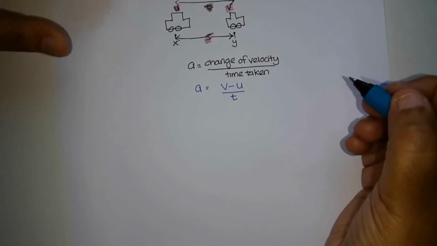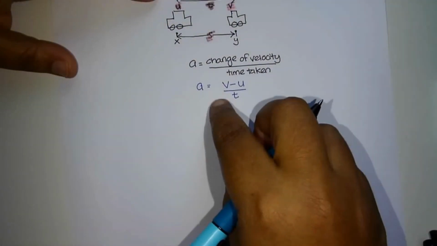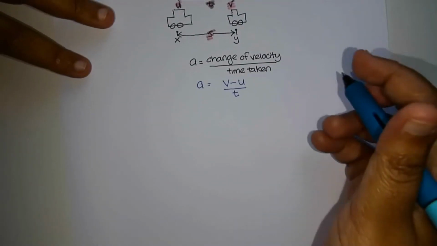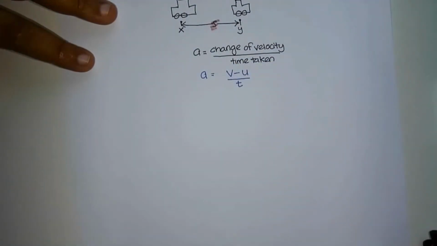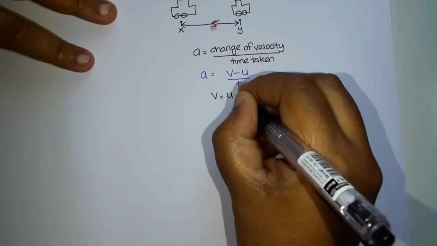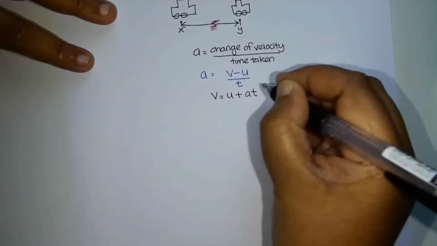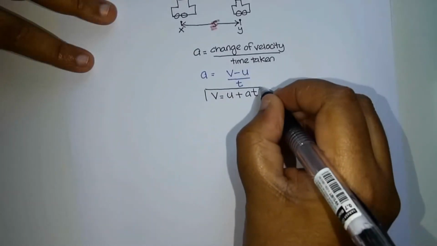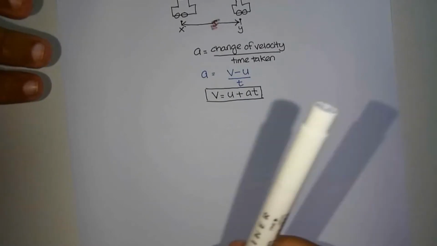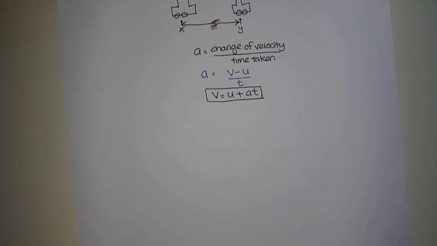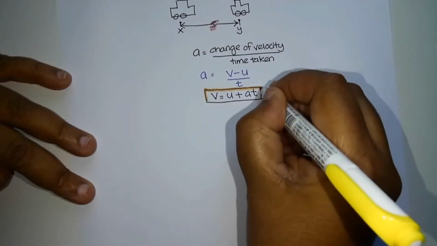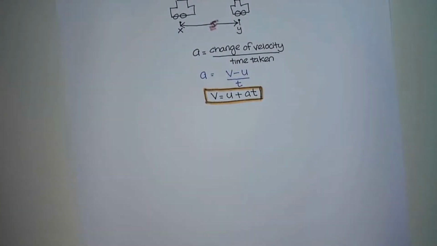So the formula becomes a equals v minus u over t. I reshuffle the formula and I get v equals u plus at. So this is the first formula.